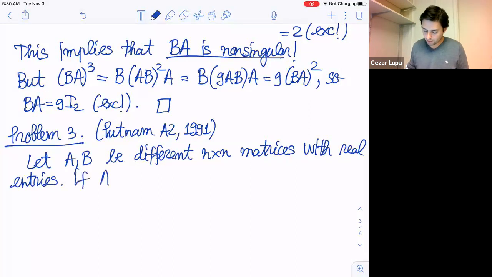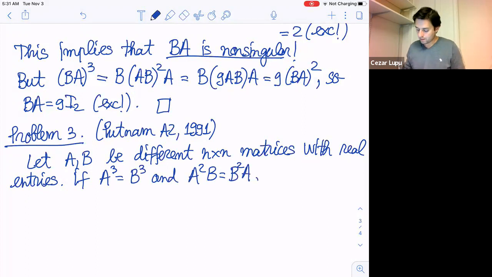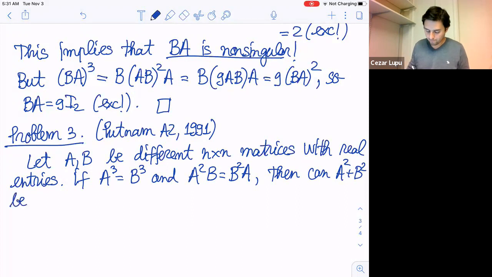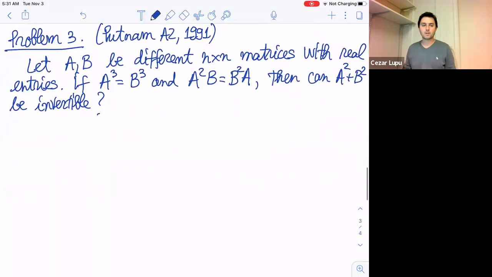If A cubed is the same as B cubed and A squared B is the same as B squared A, then the question is, can this matrix A squared plus B squared be invertible? That is a question we would like to ask. So is this matrix invertible?